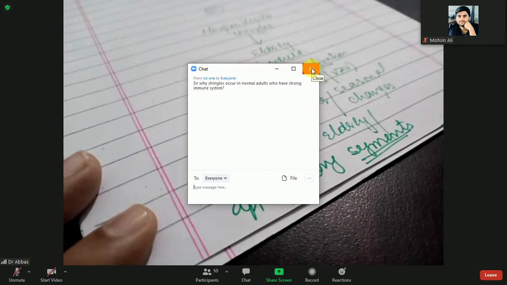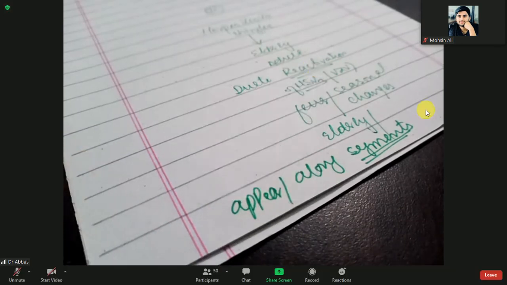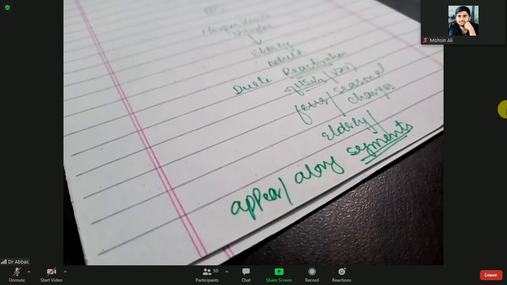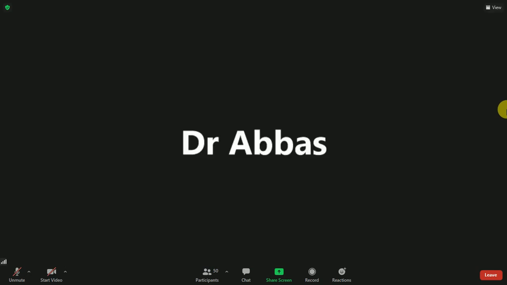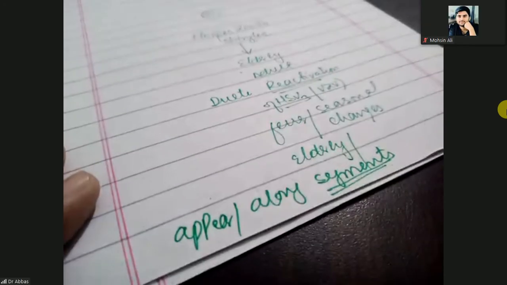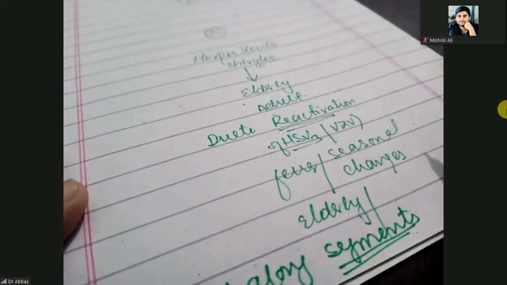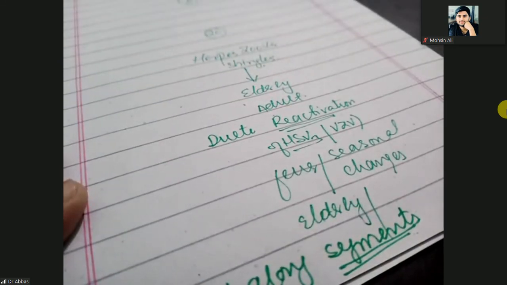Why do shingles occur in normal adults who have strong immune systems? I have already told you that this is due to the reactivation of the viruses that are residing in the ganglions.